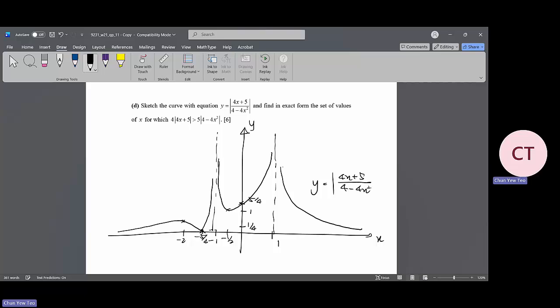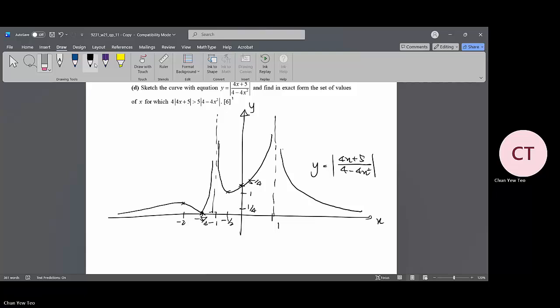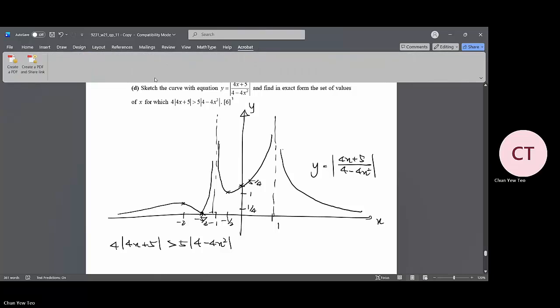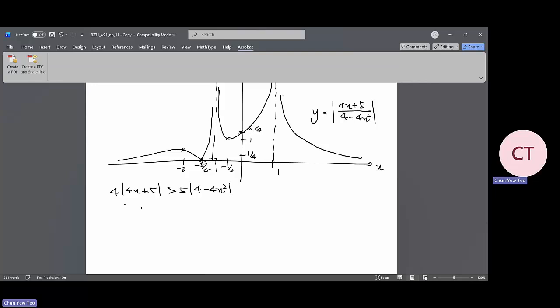Okay, then we are looking for the solutions for this one. So for these solutions, we can write down first. Then we make it become the modulus of 4x plus 5 over 4 minus 4x squared greater than 5 over 4.